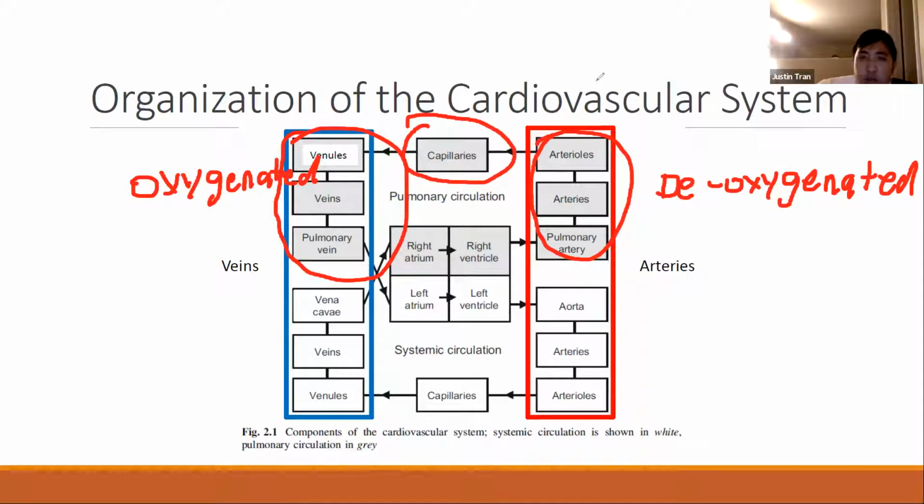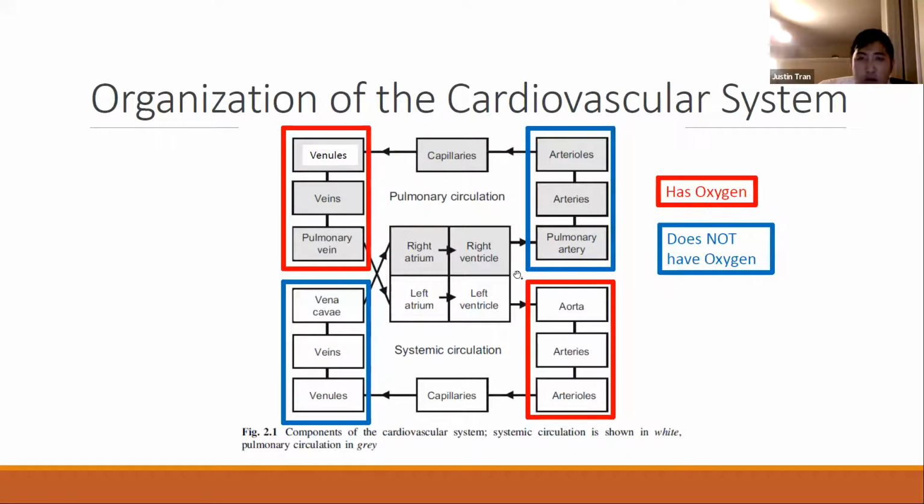If you were to summarize it: in the systemic system, which goes to the majority of your body, you're going to have oxygenated blood in the arteries and deoxygenated blood in the veins, whereas in the lungs, you're going to have deoxygenated blood in the arteries and oxygenated blood in the veins.